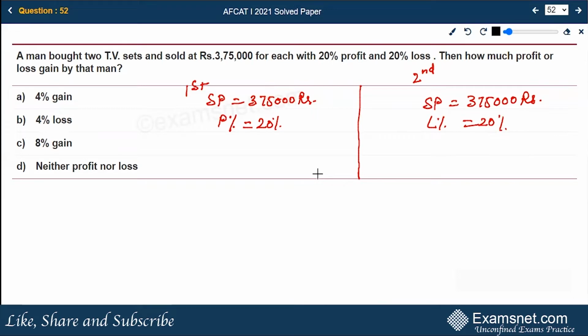Now let's suppose the cost price of the first TV is X and the cost price of the second TV is Y.